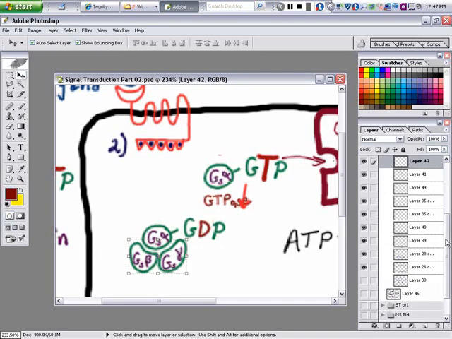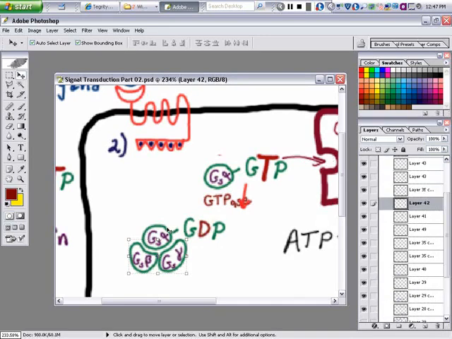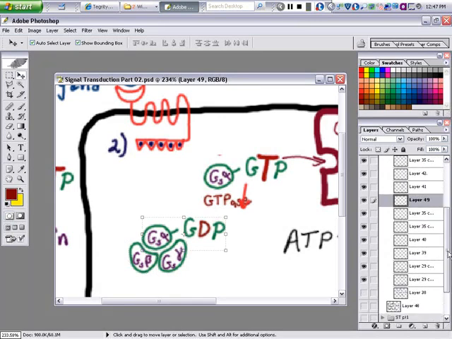Okay. So when the beta-1 adrenergic receptor is activated, this is the whole process again.